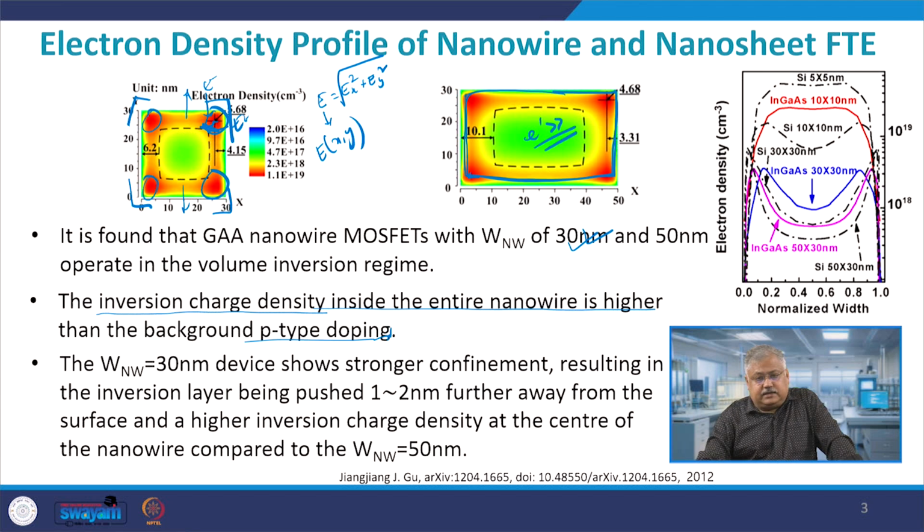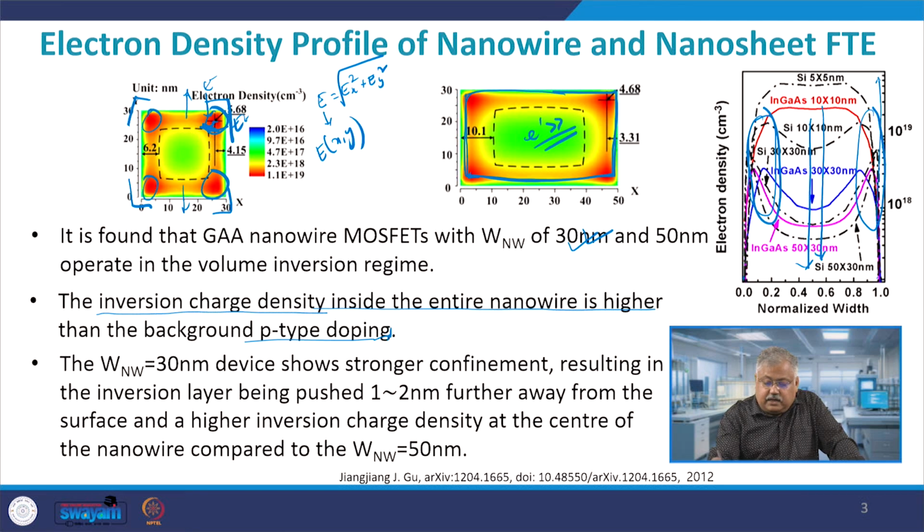Now if you look at the right hand side figure here, this is normalized with respect to its own width. Typically, as you move from one edge of the width to the other edge, you see the peak happens sometimes very near to one of the edges. You see the peak of the electron concentration or electron density happens at the edges, and in the middle you see there is a decrement in the electron density, right?